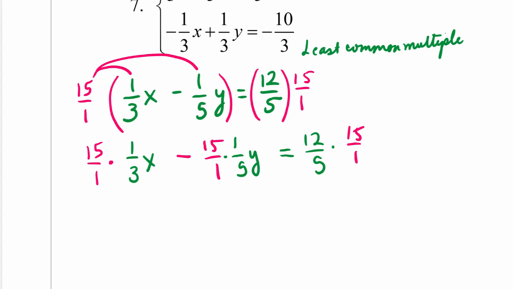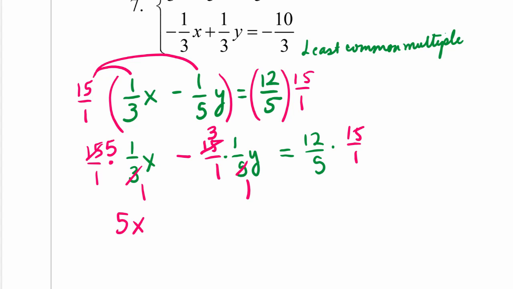Why I did that is, notice how now I can go in and reduce here. So 3 goes into itself once and into 15 5 times. So when I multiply these first two terms here, 5 times the 1x, I get 5x. And notice there's no fraction. That's the whole purpose. Okay, so here we go. 5 goes into itself once and into 15 3 times.